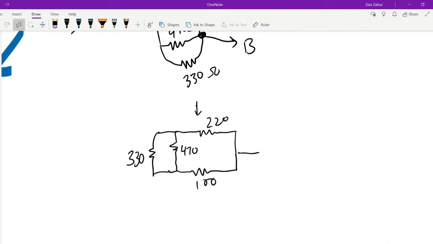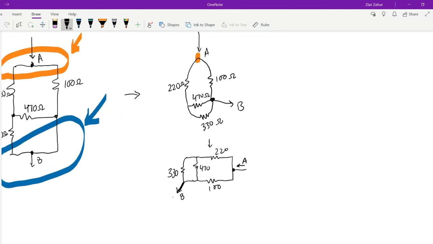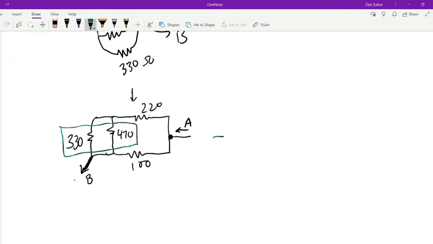Okay, where's the current coming in? It's from junction A. So that's junction A. And where's it going out? Well, it's going out at the bottom of these two. Okay, this means that the 330 and the 470 are parallel. So these two are parallel, and we can redraw it one more time.